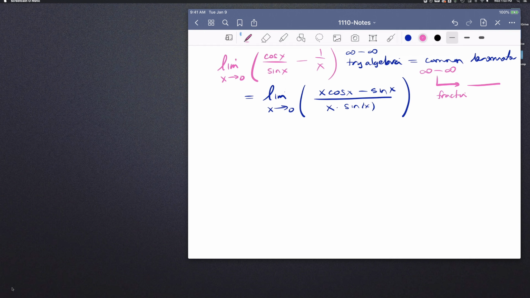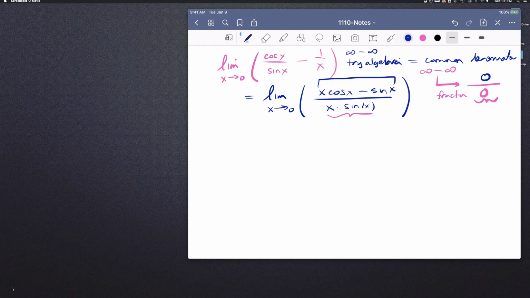And that fraction we can see as x gets closer to 0, we get 0 times 0, which is 0. So this x times sine of x gets closer to 0, and the numerator here, 0 minus 0 is 0.